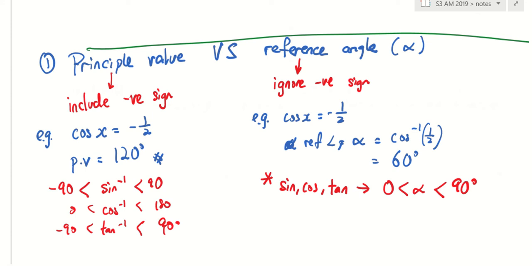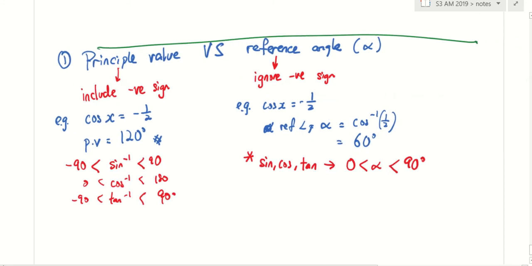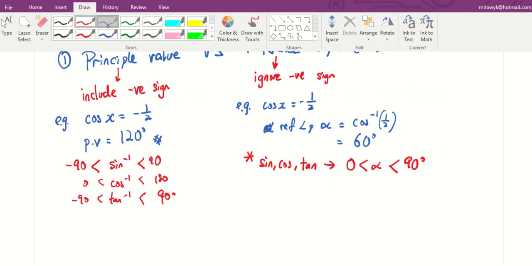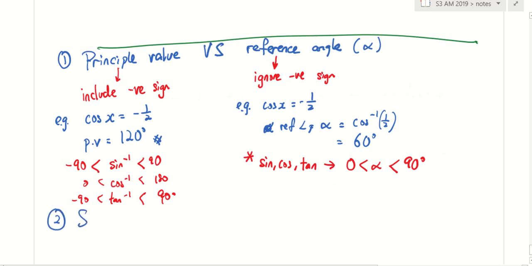The next part will summarize the whole of set 3 notes. Set C, set C. How to solve set C. How to solve trigo equation. Right. Can I refer to the first example now?